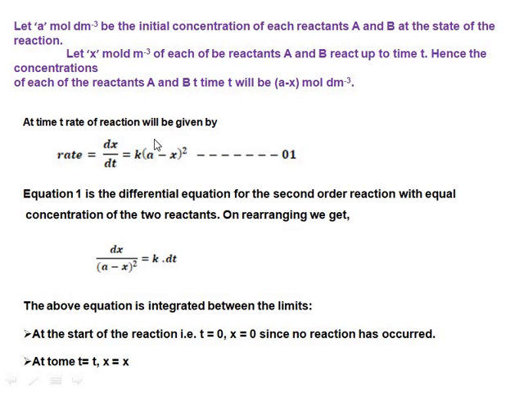On rearranging, we get dx upon (a minus x) squared equal to k dt. Now we integrate between the limits t equal to 0, where x is 0 since no reaction has occurred, and t equal to t, where x is equal to x.